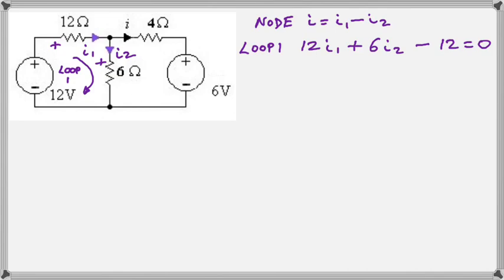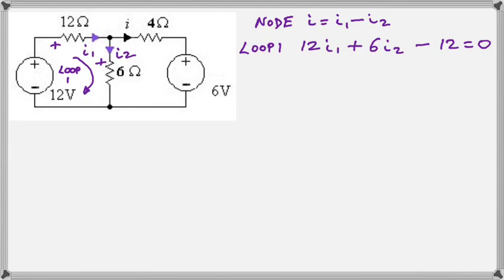So we've taken loop 1 there. We've written the equation for the node. For this problem, we have included an I in the original problem in black. We are hoping to find out what that current is, that I current that's flowing into the 4 ohm resistor.